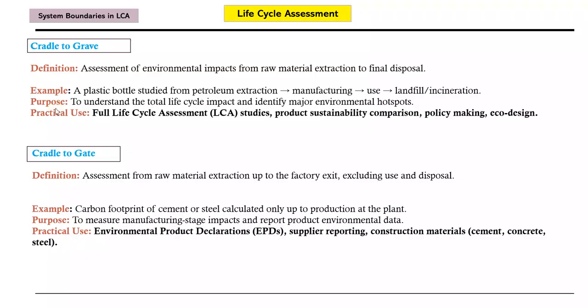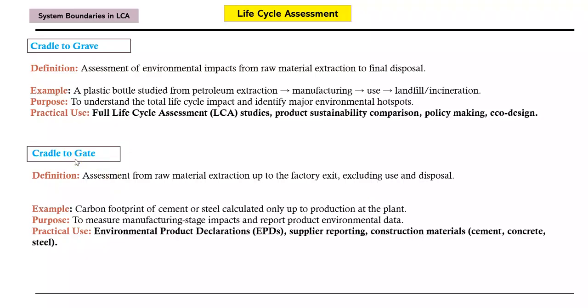What is the purpose of this? The purpose is to understand the total life cycle impact and identify major environmental hotspots. Practical use is full life cycle assessment studies, product sustainability comparison, policy making, and eco design.